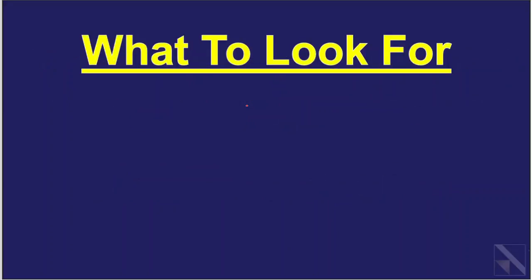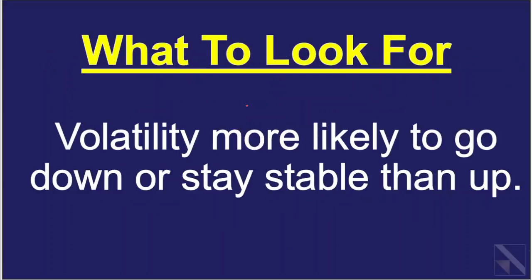So what we're ultimately looking for, we're looking for volatility to be more likely to go down or stay stable than going up. I want volatility stable, all right? That's what I want. That's the goal. All right.